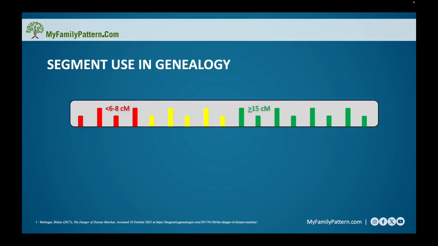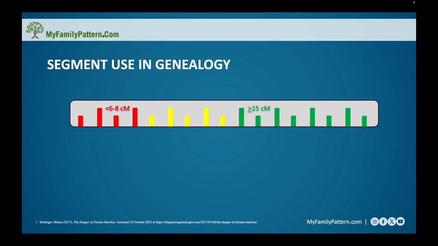So let's return back to the segment sizes here and the guide that we use in genealogy. So we know that we want to focus in on DNA segments that are 15 centimorgans in length or greater.